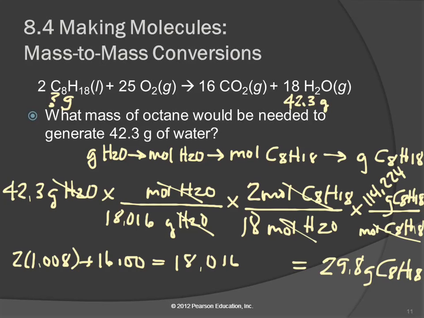I rounded that to 3 significant figures because my starting number had 3 significant figures. If my starting number had 9 or some crazy large number of significant figures, then my molar masses would limit, because these are limited to most likely 4 significant figures. Any questions?